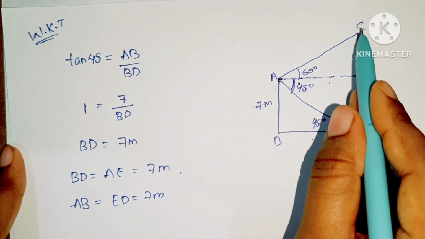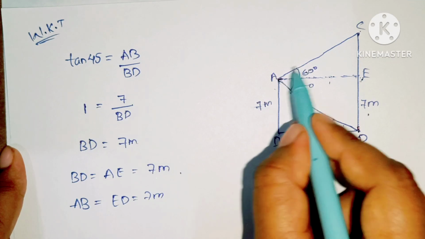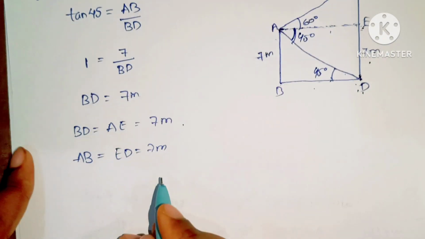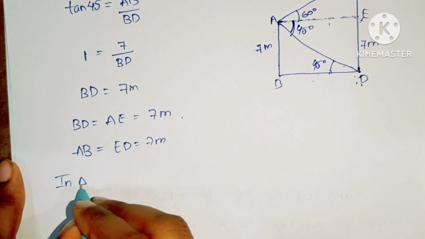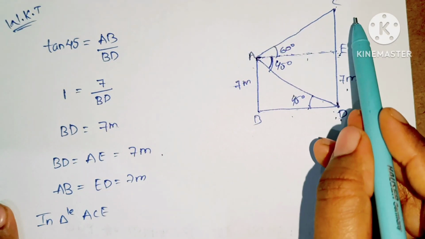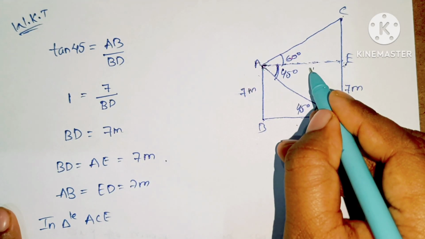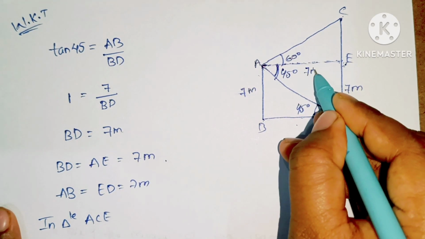Next, what you have to find out? CE you have to find out. So which triangle do I have to take? I took triangle ACE. In triangle ACE, I want CE. I know the AE length, which is 7 meters.